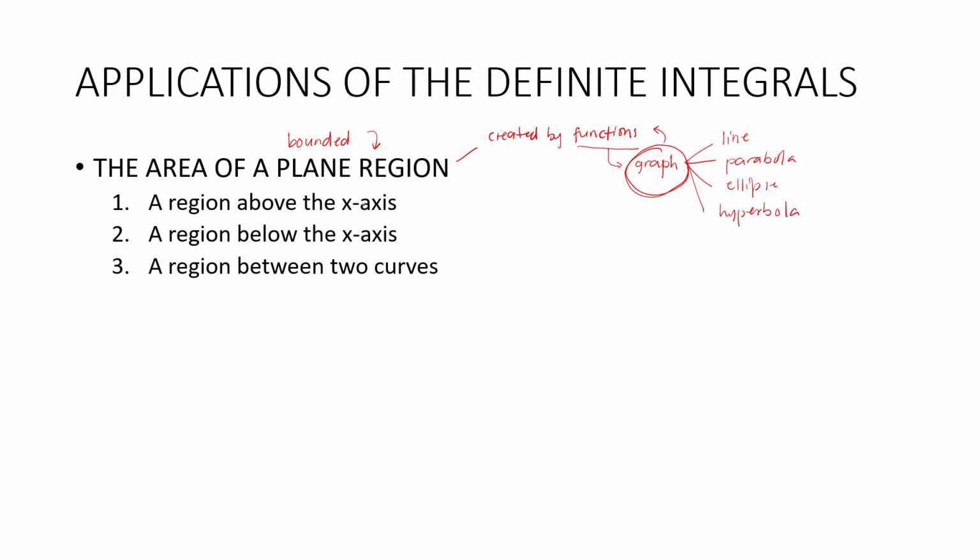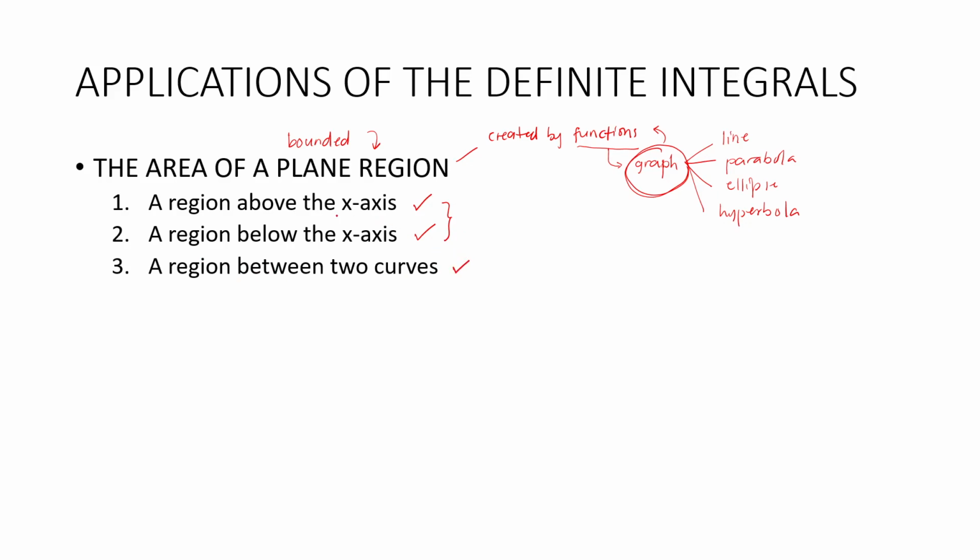So there are a couple of scenarios that you can encounter in the area of a plane region. The region may be above the x-axis, the region may be below the x-axis, or it may be in between. So it may be above and below the x-axis, and a region between two curves.